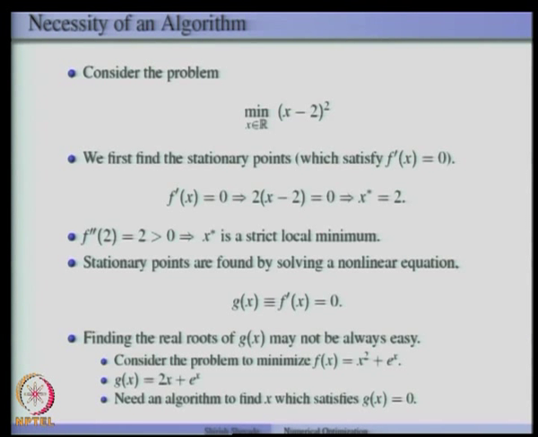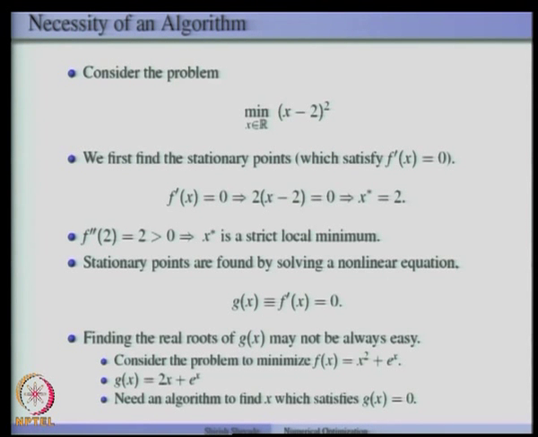Now, there exist different kinds of algorithms to solve this problem. Some algorithms do use the derivative information, some algorithms do not use the derivative information but assume a certain form of the function called a unimodal function.